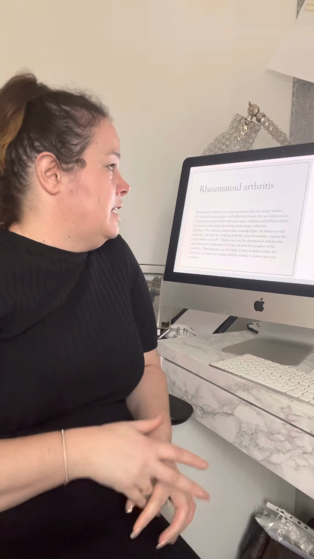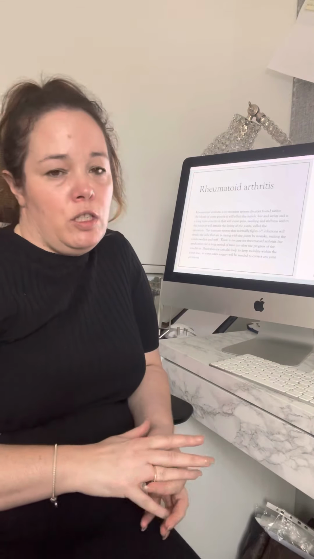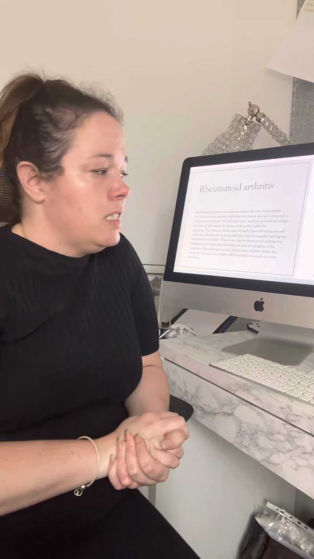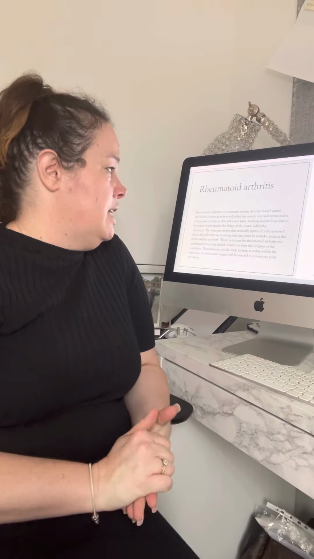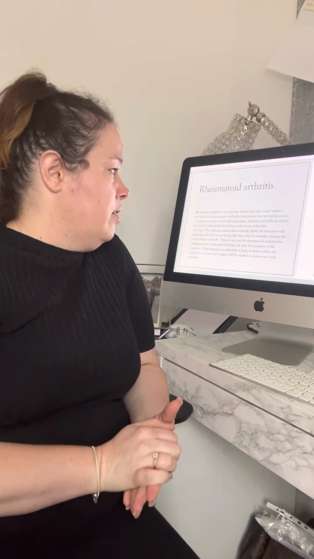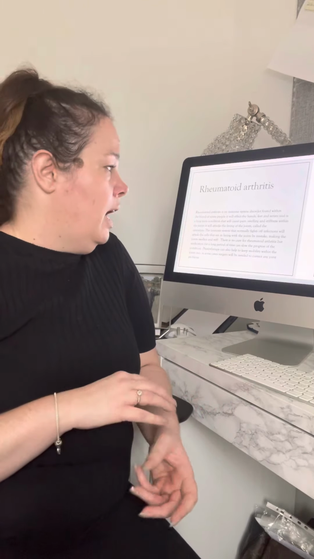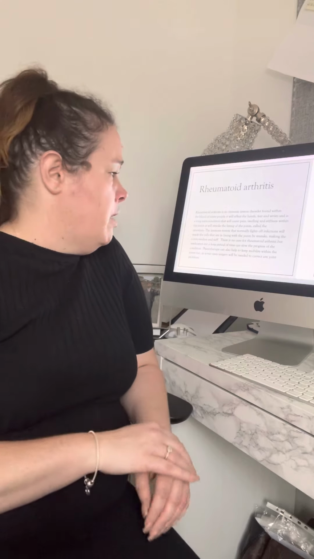So here is an immune system disorder. This immune system disorder is rheumatoid arthritis. Rheumatoid arthritis sort of affects the feet, wrists, and hands, and it can make your hands swell and stiffen, and can be very, very painful.